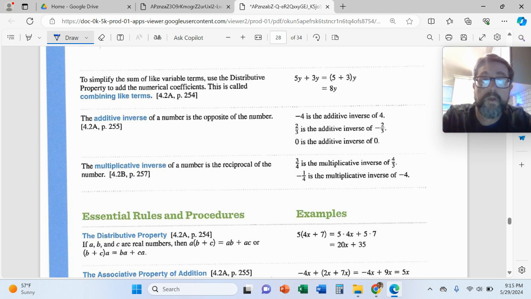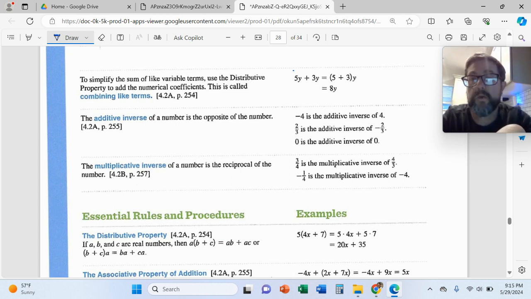Or something like that. Okay, to simplify the sum of like variable terms, use the distributive property to add the numerical coefficients. This is called combining like terms.